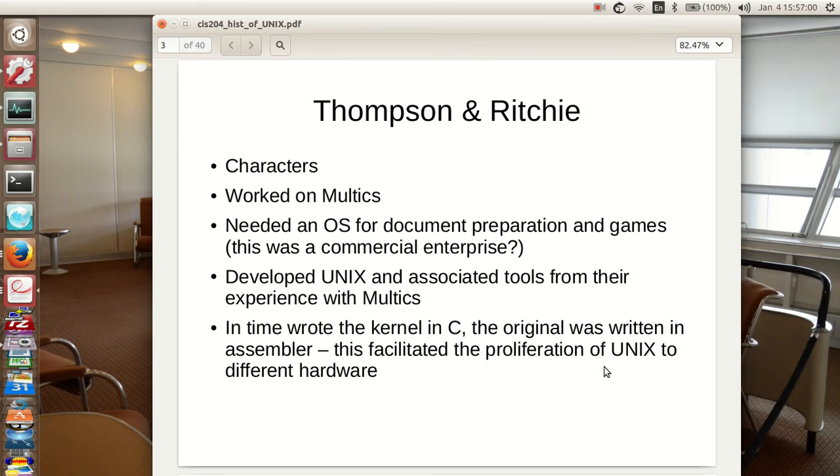So when Multics folded, and it was pretty much a routine of when you've got a group of companies together, they each wanted certain features, and all of a sudden the operating system was no longer simple. So what they ended up with was too many cooks spoiling the soup, and the project was canceled. And Ken Thompson, sitting there, had no place to run his game Space Travel.